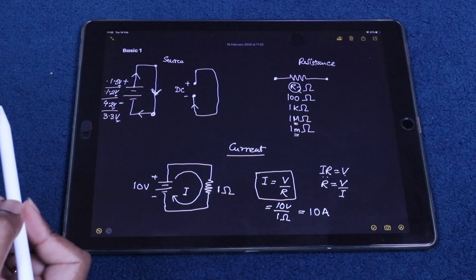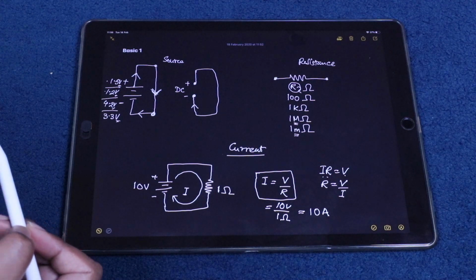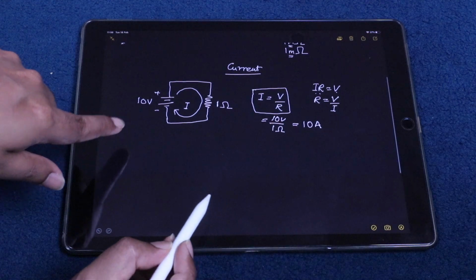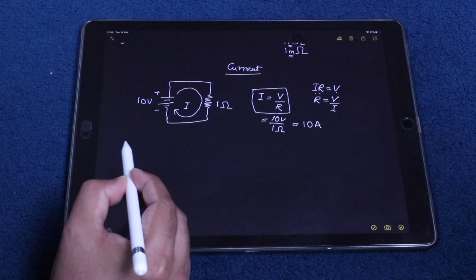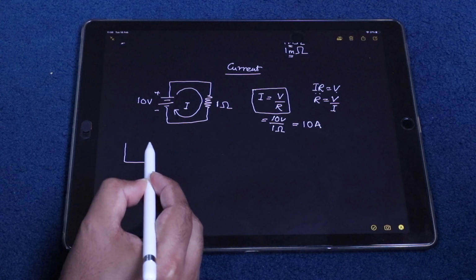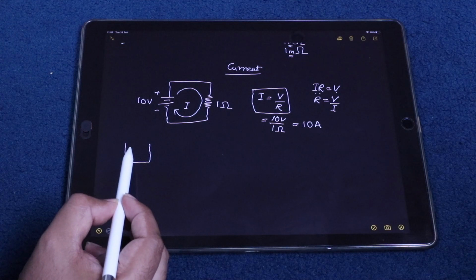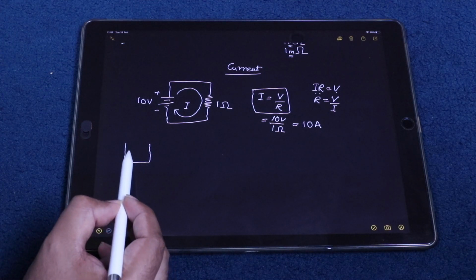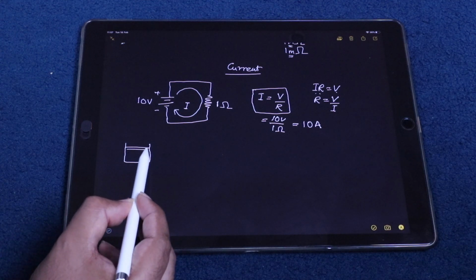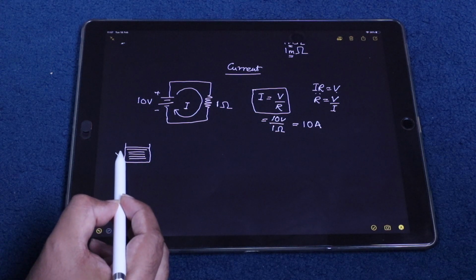The way I used to think about this is think of it as flowing water. Think of it like you have a big bucket full of water here. The height of the water level in here, think of that as the voltage potential.